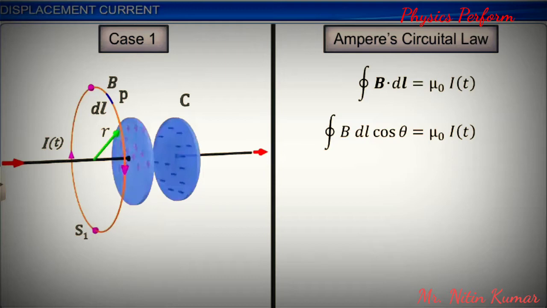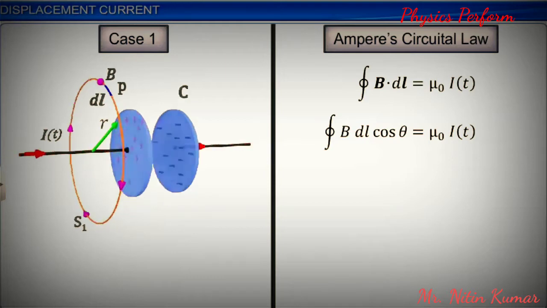Since the direction of magnetic field is along the circumference of the circular loop, the angle between the magnetic field and the length of the element dl on the circular loop at that point is 0 degrees.